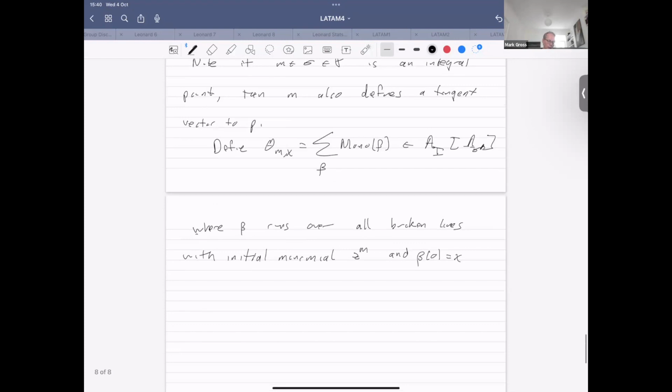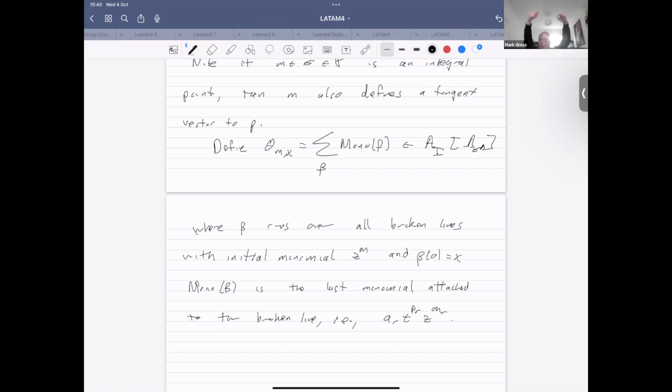Now, what's mono of beta? Mono of beta is the last monomial attached to the broken line, i.e. a_r t to the p_r, z to the m_r.